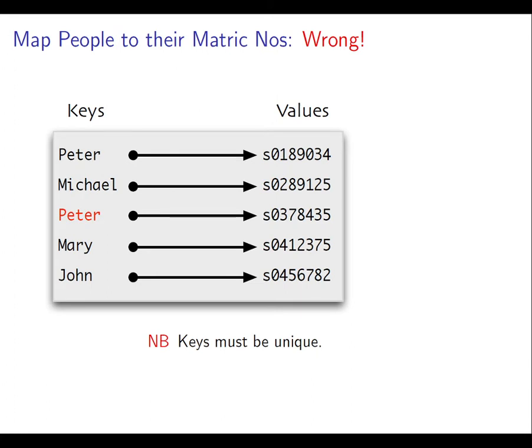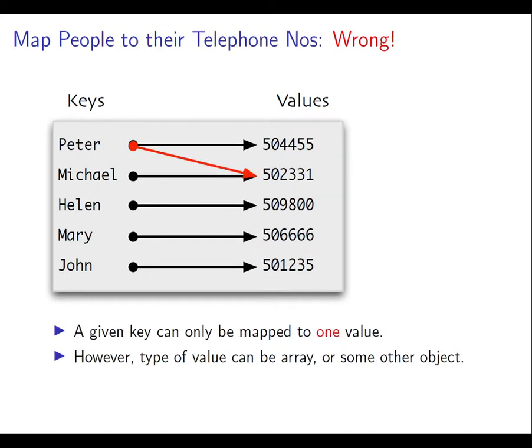What we can't do is have the same key more than once, because an associative array is supposed to allow you to look up a value based on a key, and in this case we wouldn't know which of those two matric numbers to return if we tried to look up the key Peter, so that won't work. Keys must be unique within the collection.